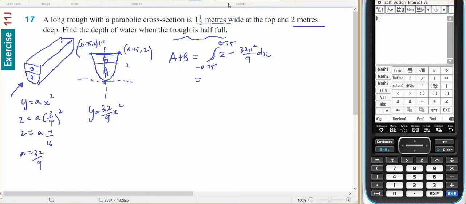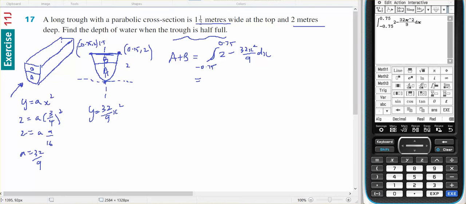So I've entered that on my calculator, going from negative 0.75 to 0.75, 2, which is my top curve, minus that, and when I press execute, I get my total area is equal to 2. So I'm wanting area A to be 1, and then the trough will be half full.